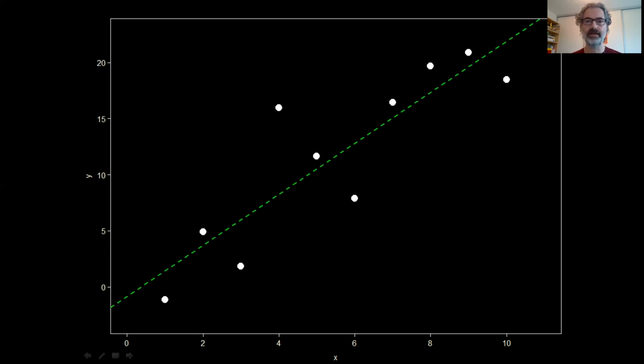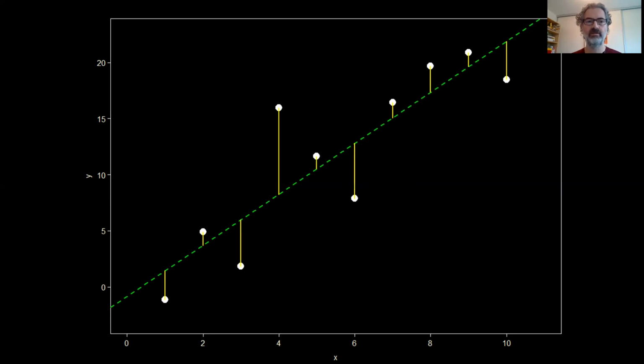Well, the best line is by definition the one that makes the least amount of error. So to find the best line, we have to look at the errors. These are the distances between the data points we actually have and the predicted values that correspond to them.